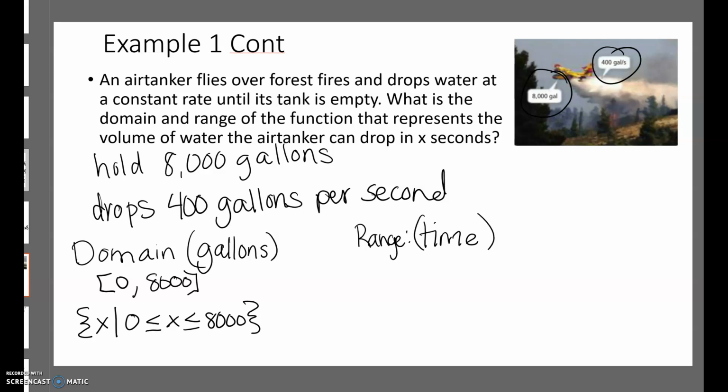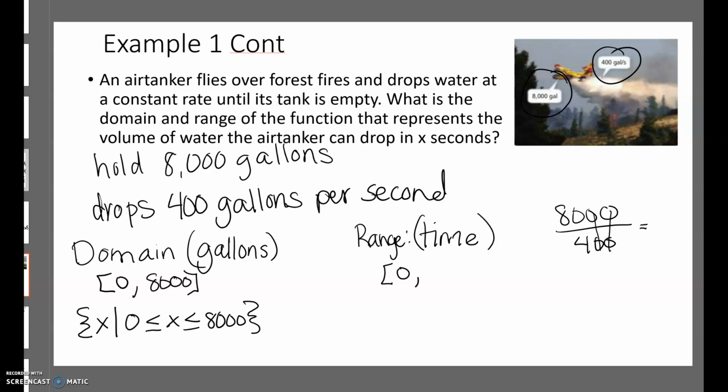Okay, and then time, well, we can't have negative time, so we can go from 0, not having any to drop. And then if it's going to lose 400 for every second, 8,000 divided by 400, because it can only hold 8,000 and losing 400, we're going to divide those.